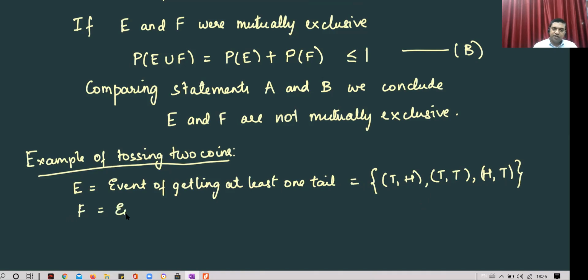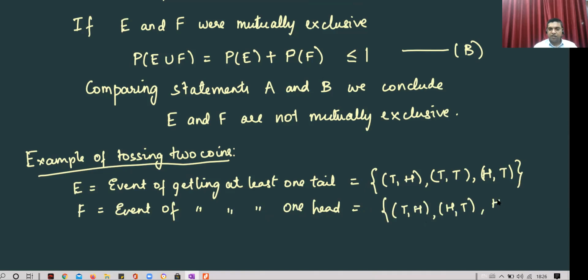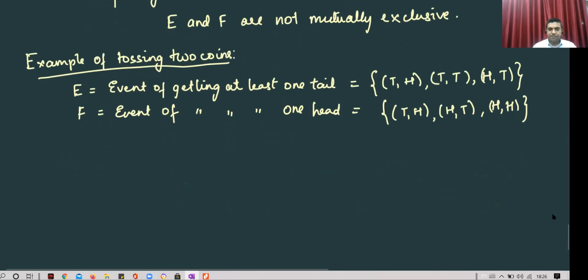F is the event of getting at least one head. So tail head, head tail, head head. Now E union F is the total sample space.